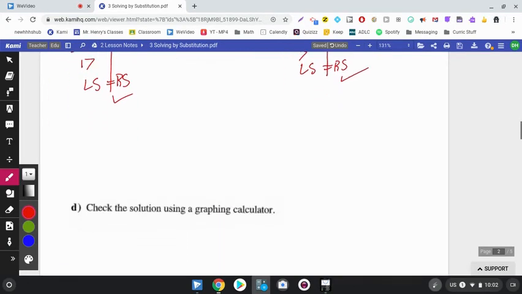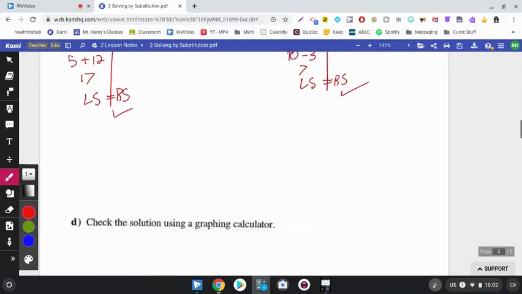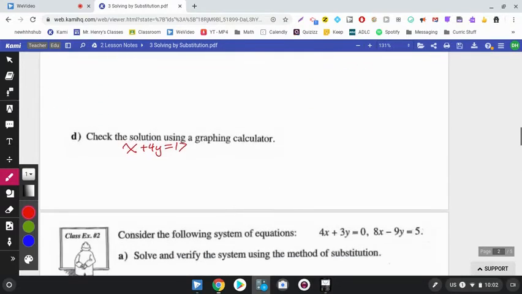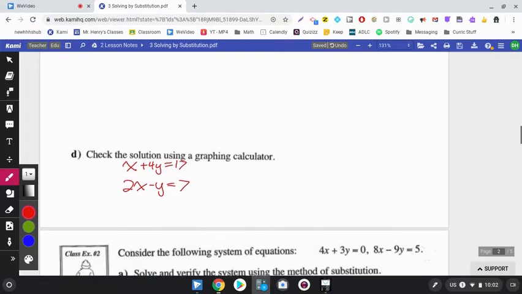Okay. Last thing, it says check the solution using a graphing calculator. Okay. x plus 4y equals 17. 2x minus y equals 7. Well, if I was going to do this on my graphing calculator, I need them to be in the form of y equals.